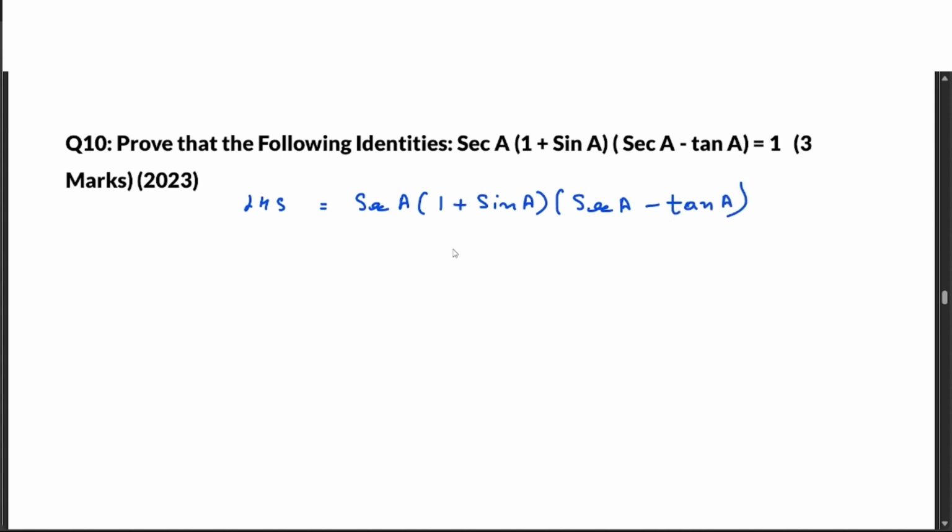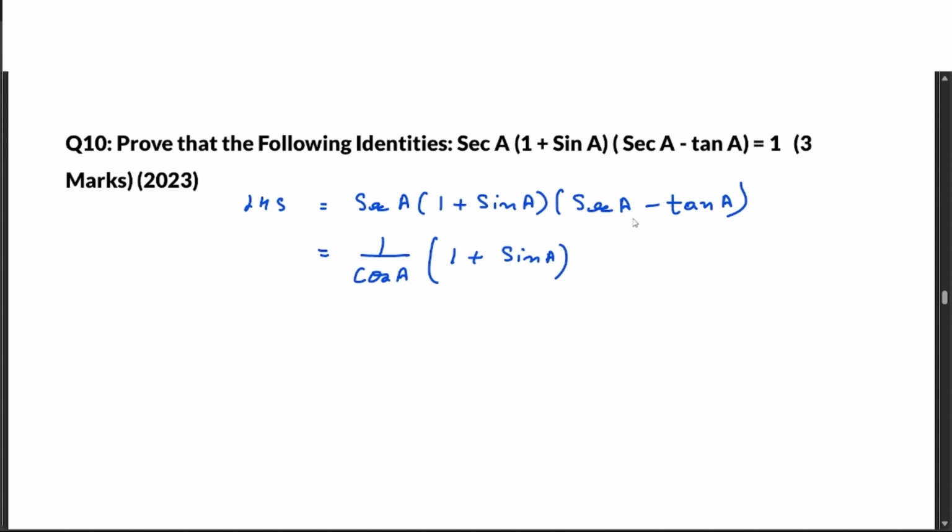Now first, what we have to do is convert all these terms into sine and cos. So sec A is equal to 1 over cos A, then you will get (1 plus sin A), already given.